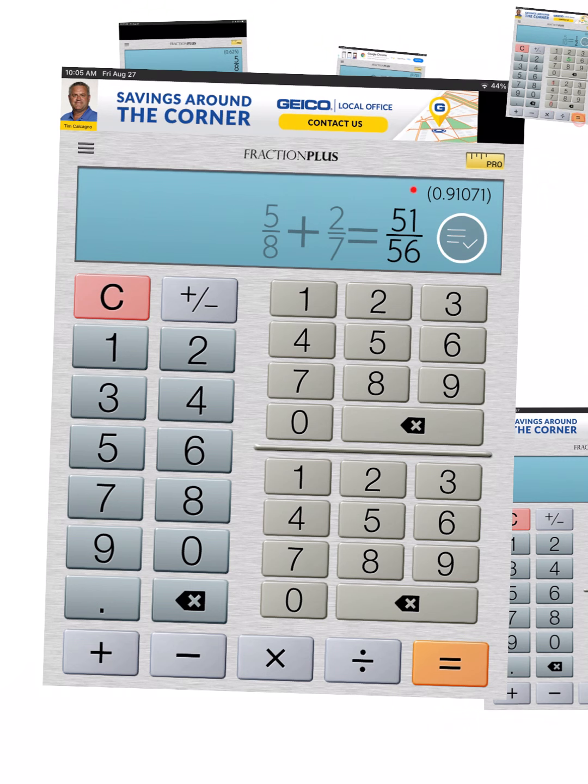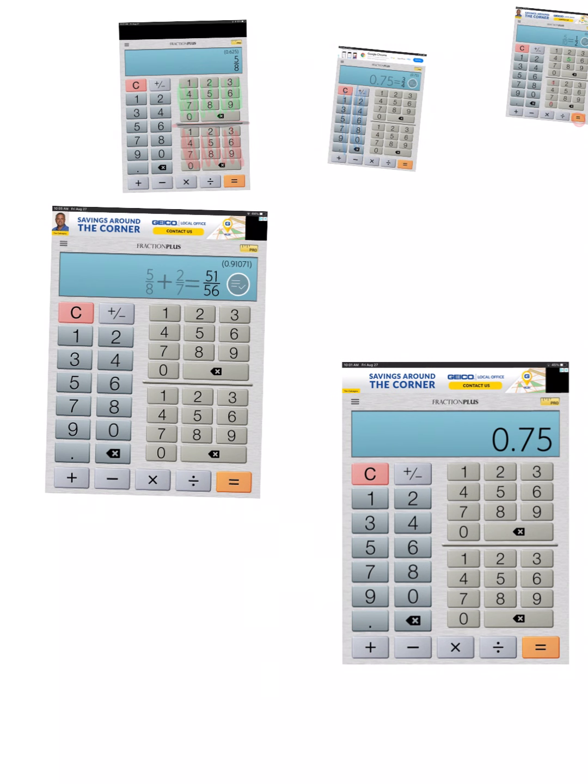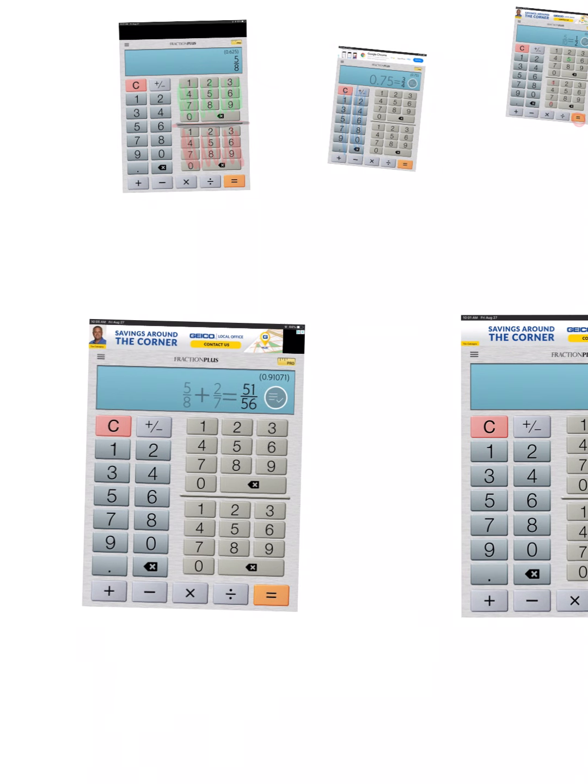And then it also shows me right here what the decimal answer is. Okay? The big thing when you're using this calculator is that you just remember this is your numerator and this is your denominator. Okay, and that is it.